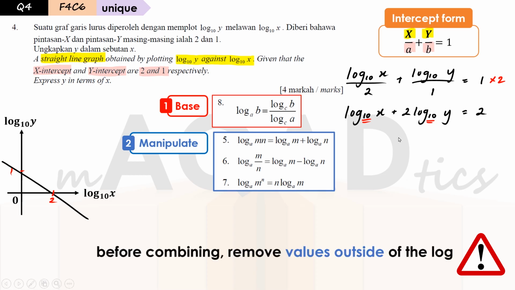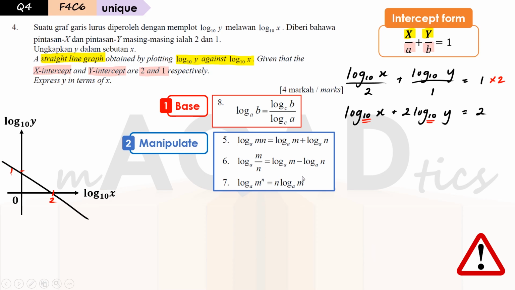So if you look back at the formulas given here, as you can see this one, the n is actually outside of the log. So this formula suggests that this n can be moved into the log and will be the power of the value here. Okay, so meaning this n, I move it to the power, so it will be here.